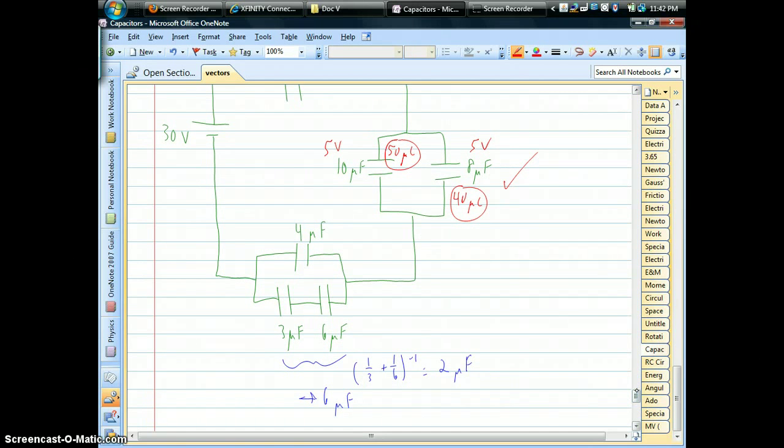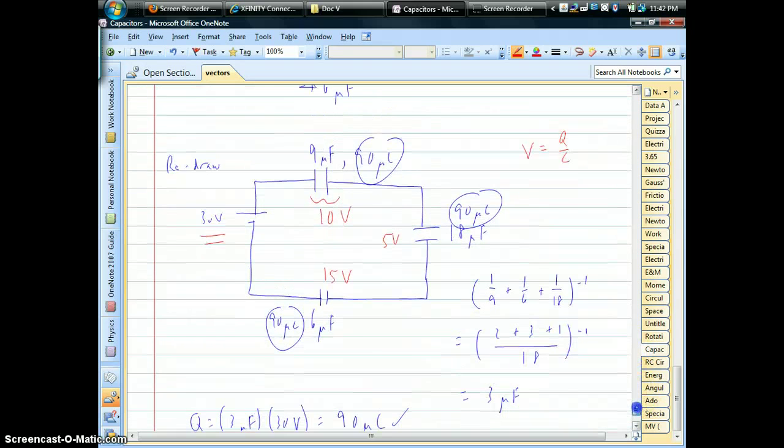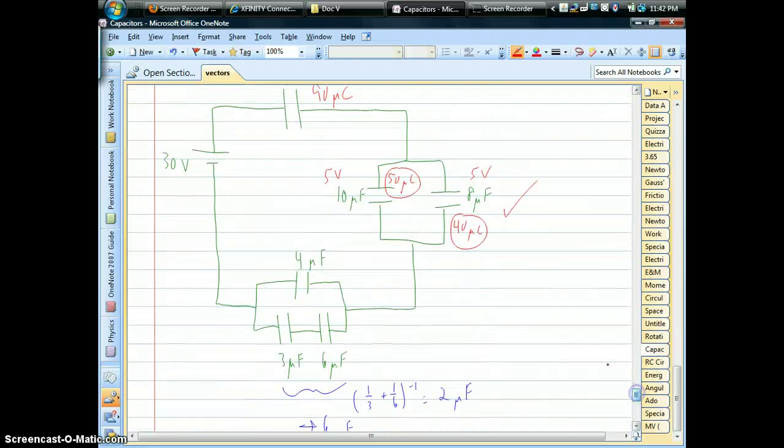And now we can come down to this final set. And let's see, we said that there's 15 volts. Well, that means we have 15 volts on the top branch. And what I'd like to do is consider this bottom branch to be a total of 2 microfarads, which is also at 15 volts.